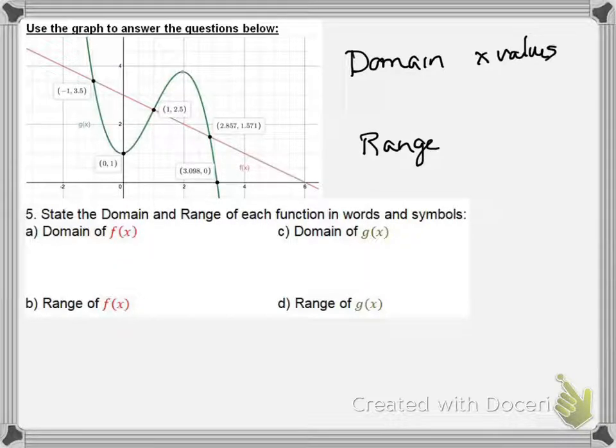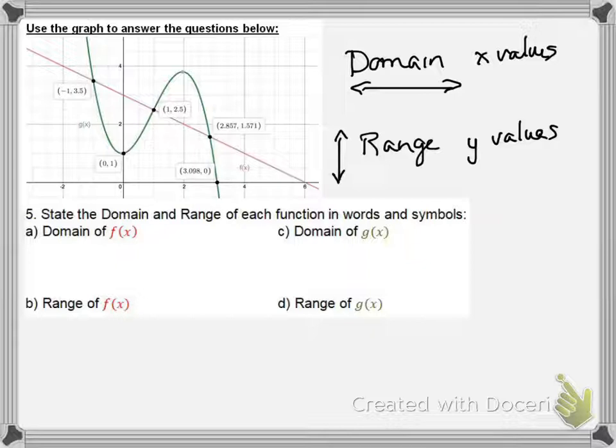The x-axis goes from left to right. So it's basically saying, how far does it go to the right and how far does it go to the left? The range is the set of acceptable y values. The y-axis goes up and down. So when they ask for the range, they're talking about up and down. They're asking us to state the domain and the range in words and in symbols. I'm going to talk to you about the words, make you put those in your own words on your assignment, and then I'm going to write it in symbols.